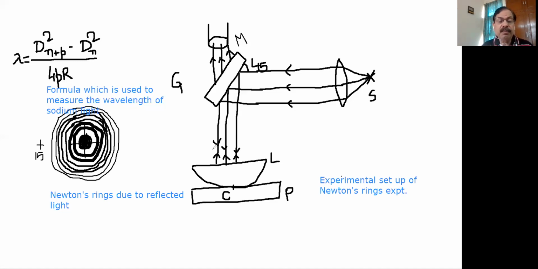Using the vernier screw, move the crosswire, set it on the 15th bright ring on any side, and read the vernier scale reading. You can take the vernier scale reading by knowing the least count of this microscope. We calculate the least count of any instrument, for example a microscope.